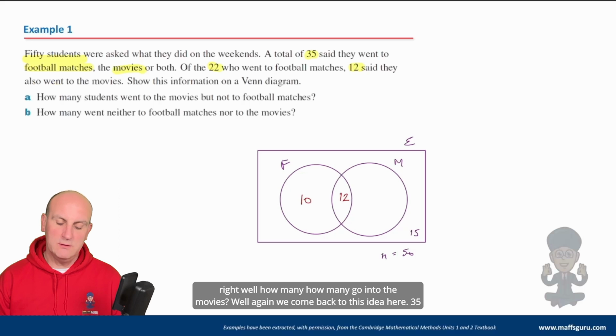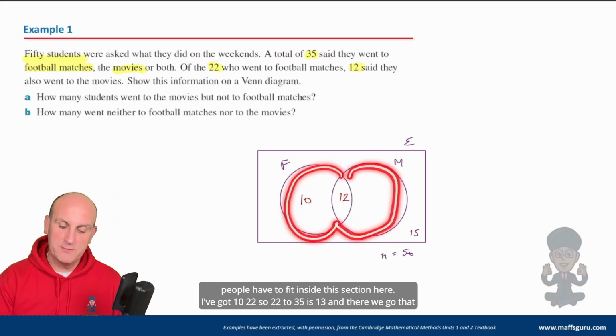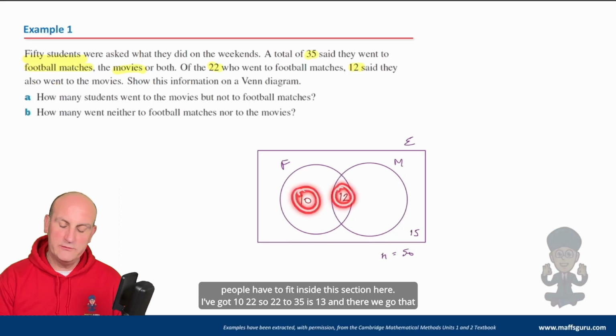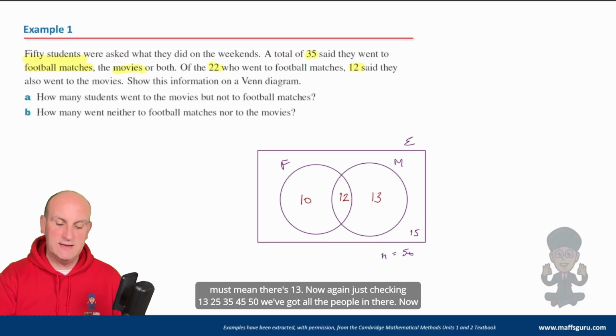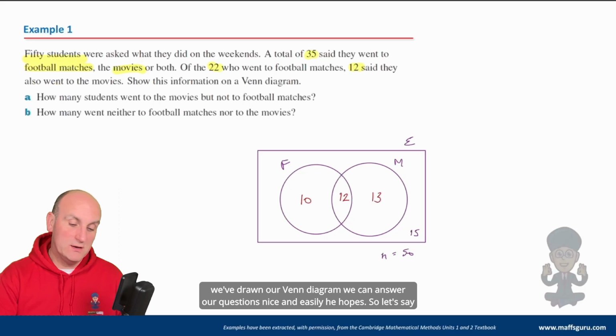Well, how many went to the movies? Again, 35 people have to fit inside this circle. I've got 12 and 10 in football, so from 22 to 35 is 13. That must mean there's 13. Now just checking: 13, 25, 35, 45, 50. We've got all the people in there. Now that we've drawn our Venn diagram, we can answer our questions.